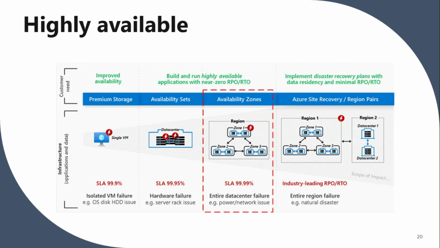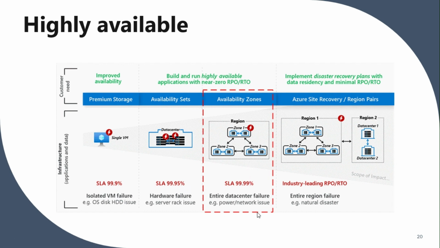Before going into the second option, let's discuss the service level agreement. When you have a single VM, your SLA is 99.9 percent, but if you put it in an availability set, your service level agreement improves to 99.95 percent.